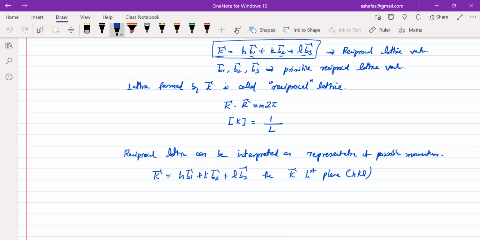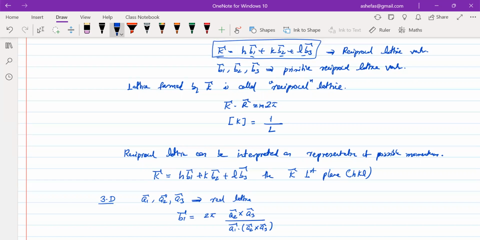In case of a three-dimensional lattice, if a1, a2, a3 represent the direct lattice, then b1, b2, b3 can be easily defined like this: b1 equals 2 pi times a2 cross a3 divided by a1 dot a2 cross a3.